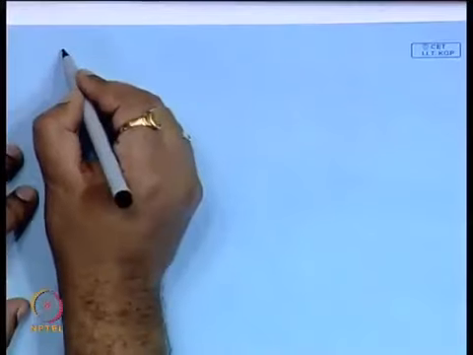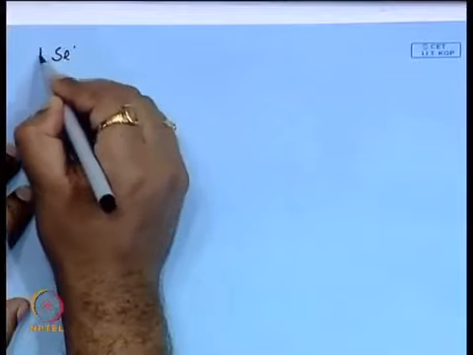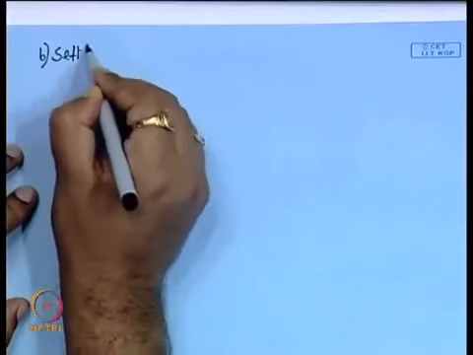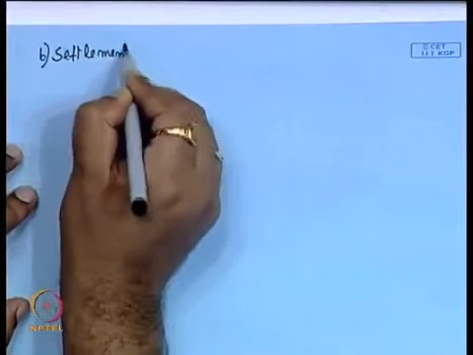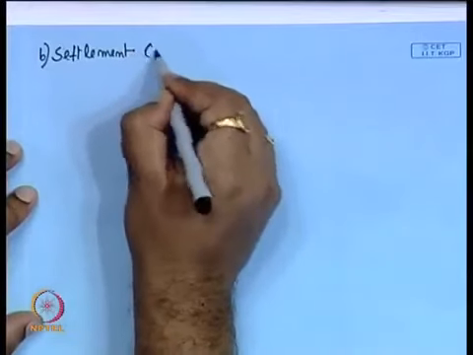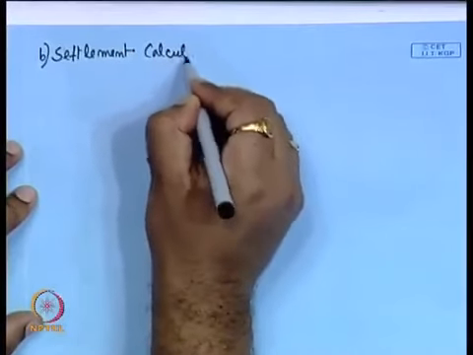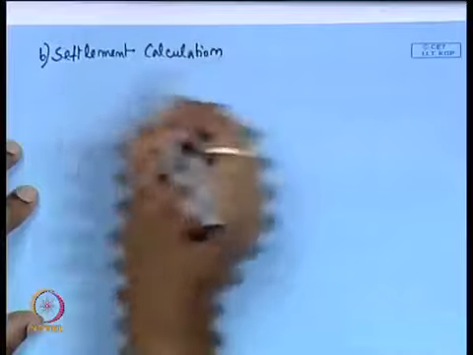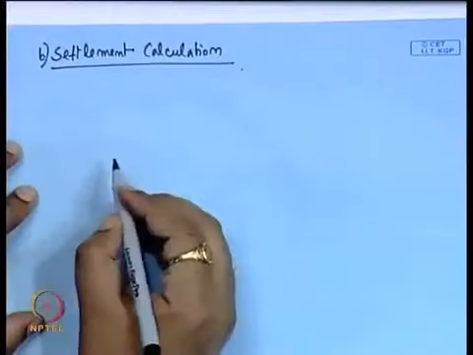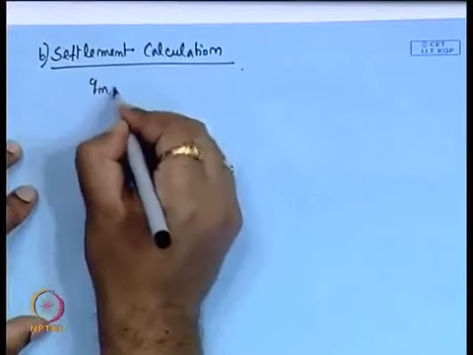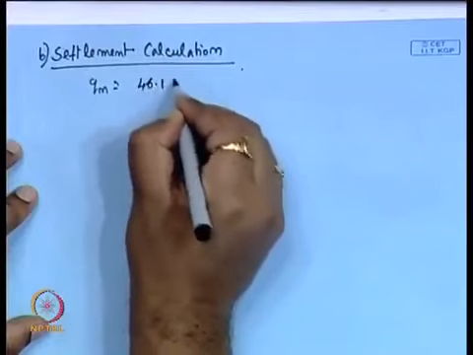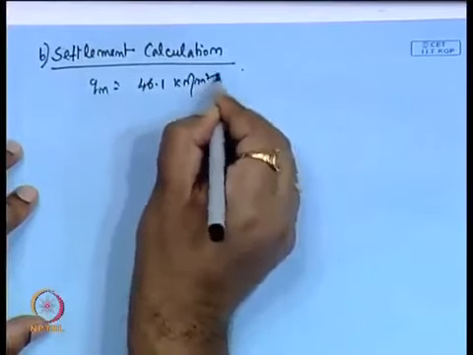Next, we do the settlement calculation. For the settlement calculation, Q n is 46.1 kilonewton per meter square.